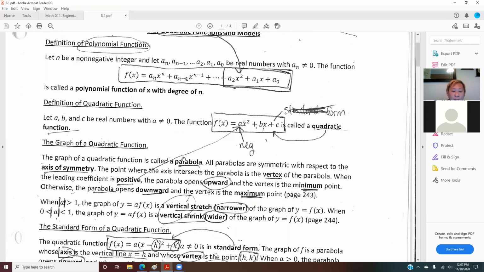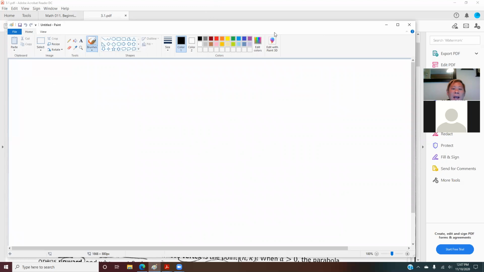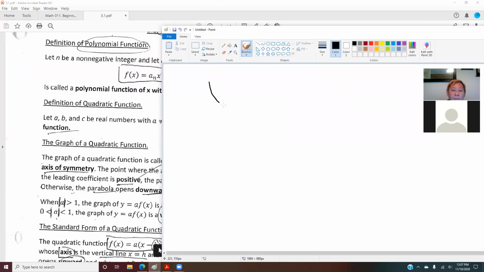So when you do your parabola, you have to have an axis of symmetry. So what is an axis of symmetry? An axis of symmetry means that you have a parabola, and the axis of symmetry is the one that cuts the parabola in half. And this axis of symmetry is always x equals h.